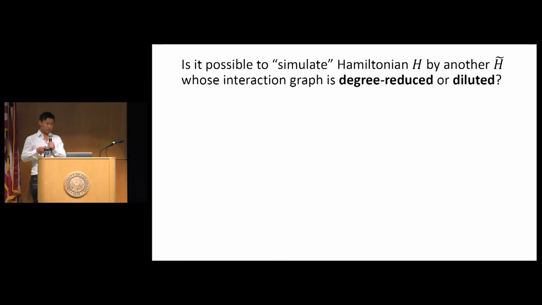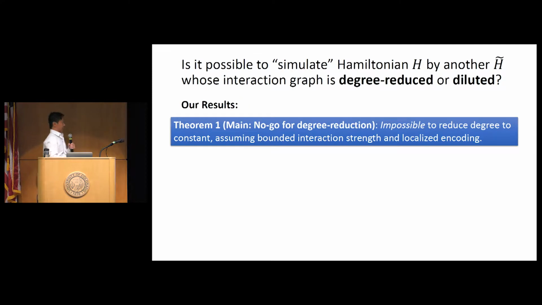So in the context of Hamiltonian sparsification, we ask the very basic question: is it possible to simulate a Hamiltonian H by another H tilde whose interaction graph is degree reduced or diluted? One might guess that, like in the classical case, where we know that degree reduction is always possible, maybe it's also possible for the quantum case, and this turns out to be no. And this is our main result, which is a no-go theorem for quantum degree reduction.